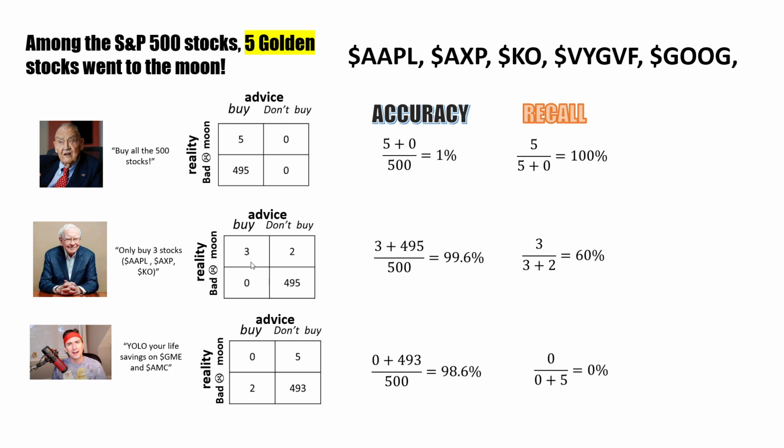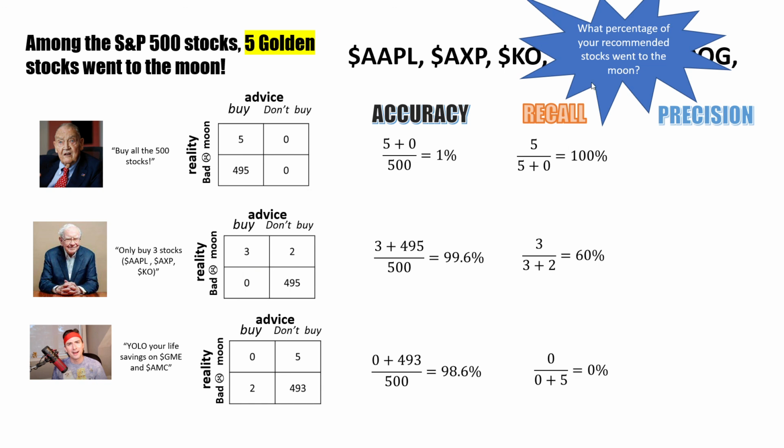Now, we can also calculate the concept of precision, which in this particular instance basically asks what percentage of your recommended stocks went to the moon, right? Out of the stocks that you recommended to me to buy, what percentage were actually going to the moon?